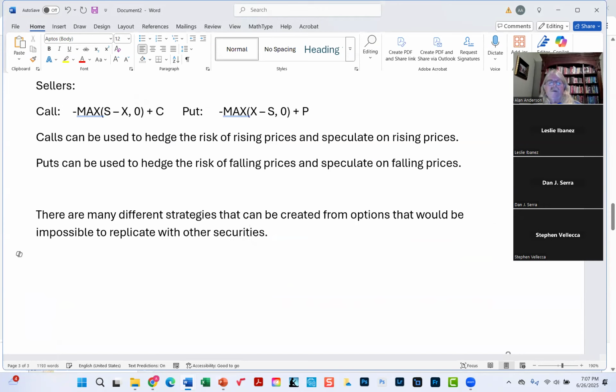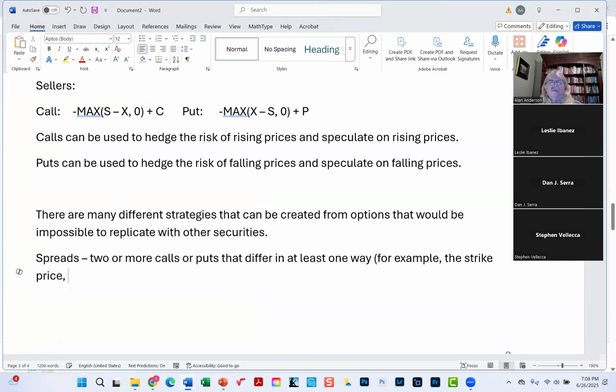And we saw a few of them. We will just put the categories. Remember, we had spreads, which is two or more calls or puts that differ in at least one way. For example, the strike price, the underlying asset, or the maturity date.